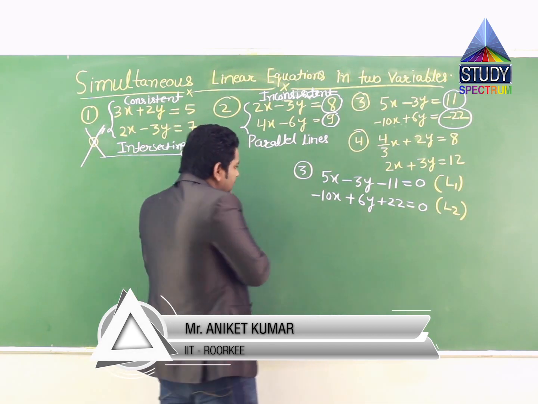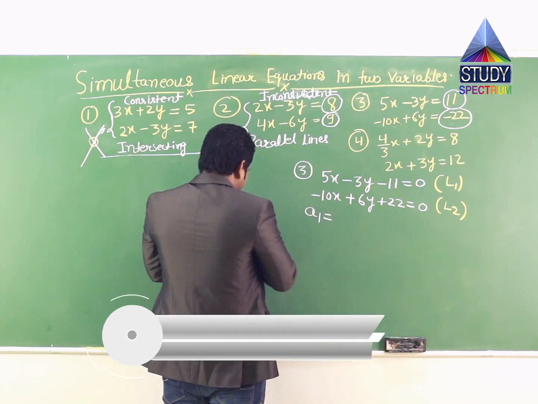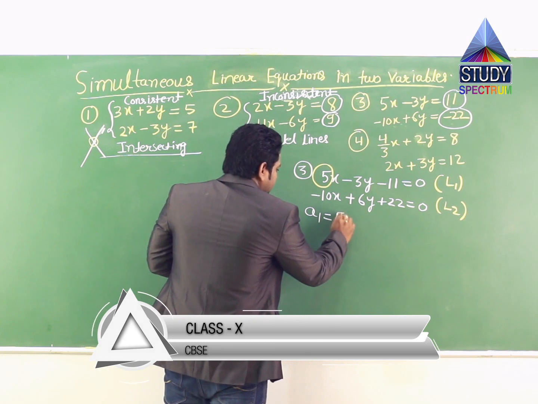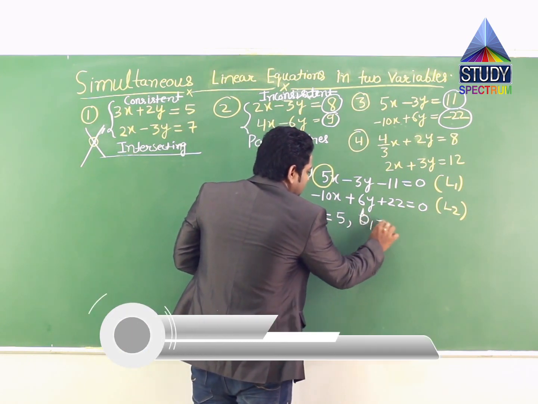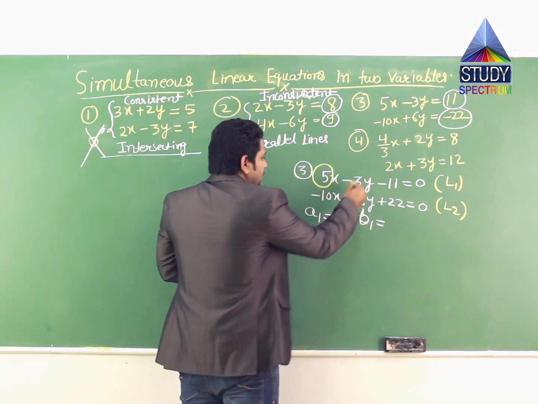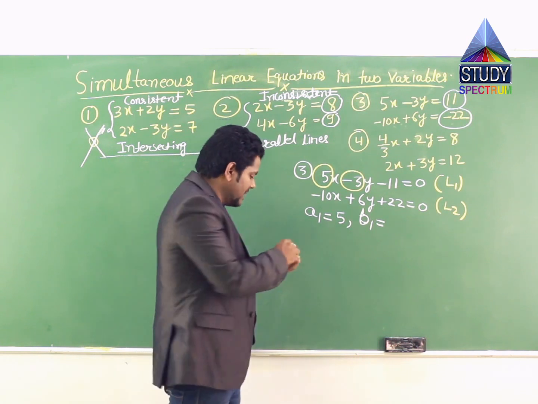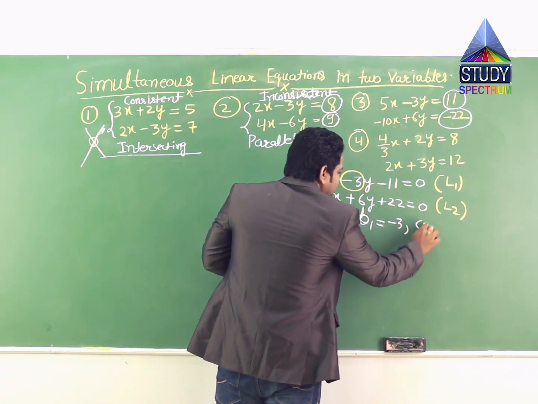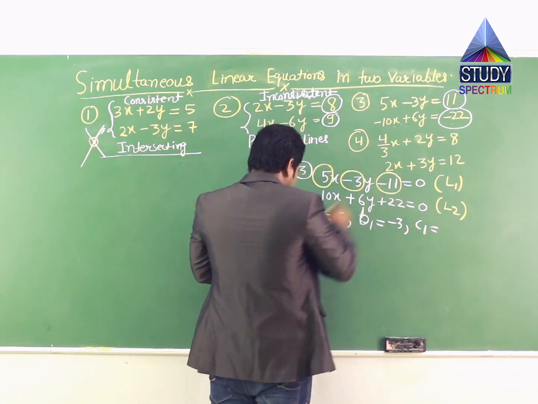So here A1 is 5, B1 is minus 3, and C1 is minus 11.